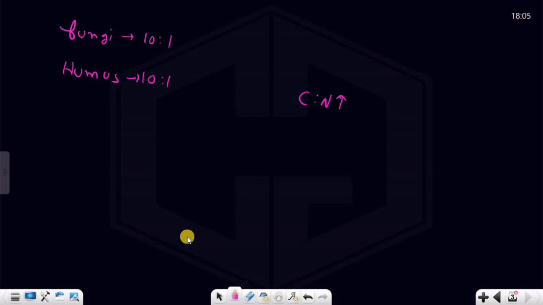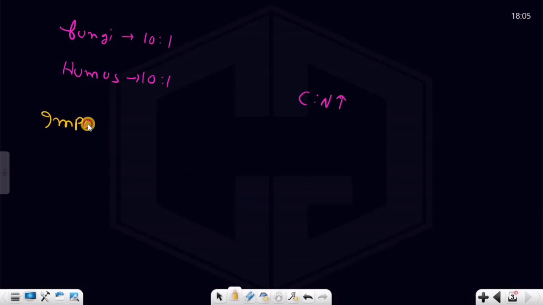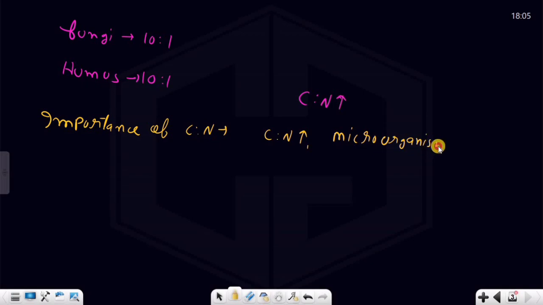Now there is the importance of carbon nitrogen ratio. If a soil has a higher carbon nitrogen ratio, then microorganisms will be in higher number and have higher activity, so the organic carbon will also increase.